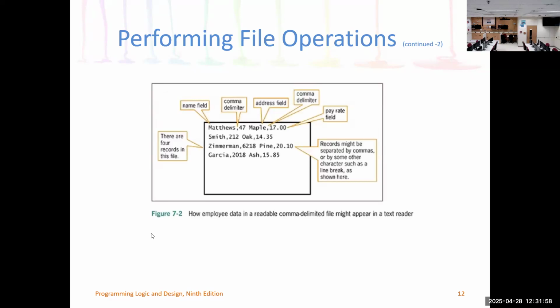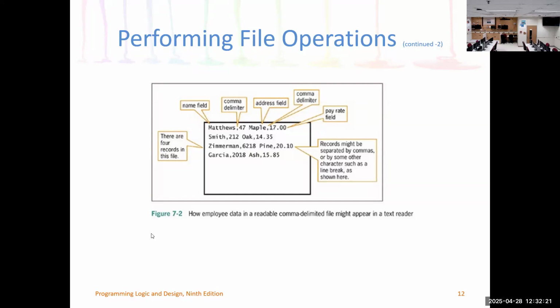Now think about this one. This is the way you store the data. You have multiple employees, and each of them is one record. For each employee you have multiple fields: the name, the address field, and the pay rate.